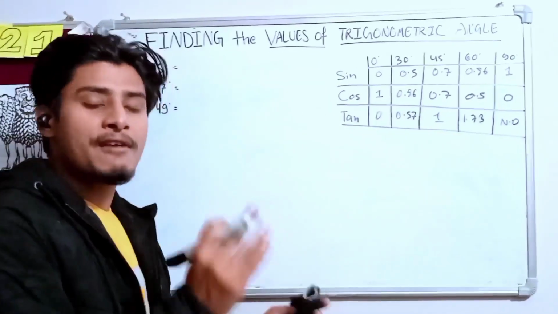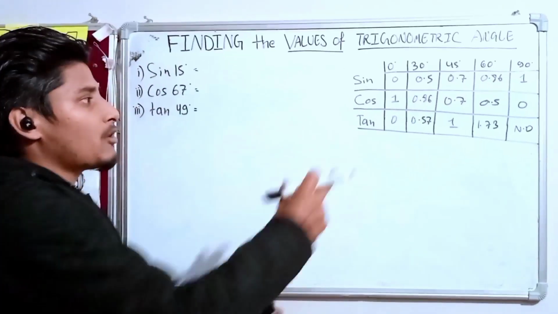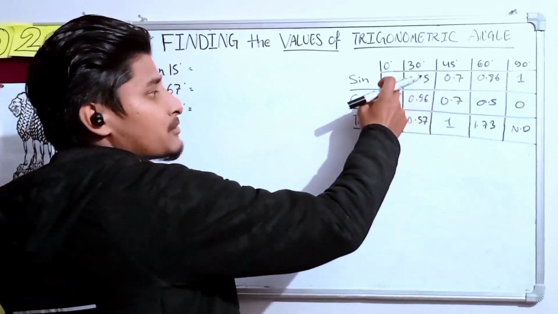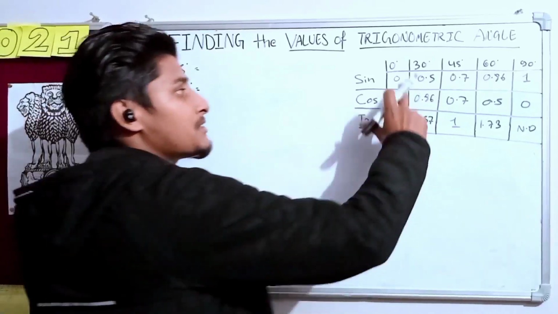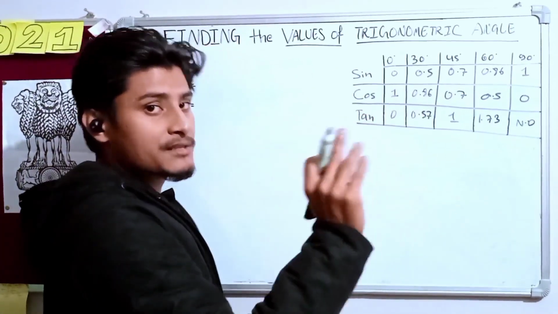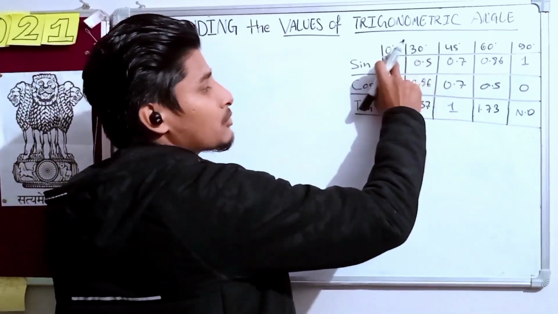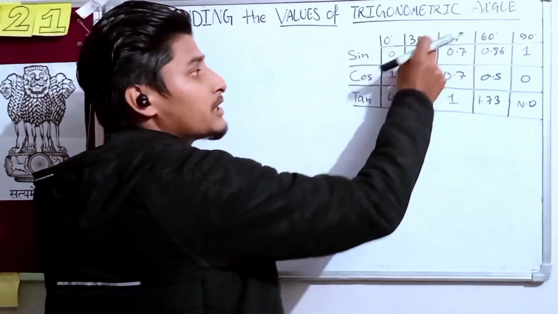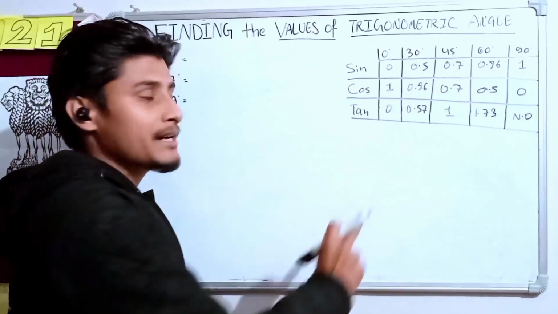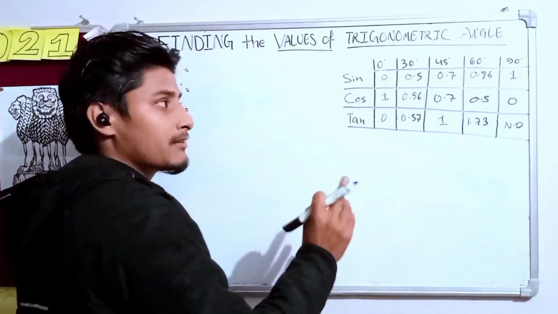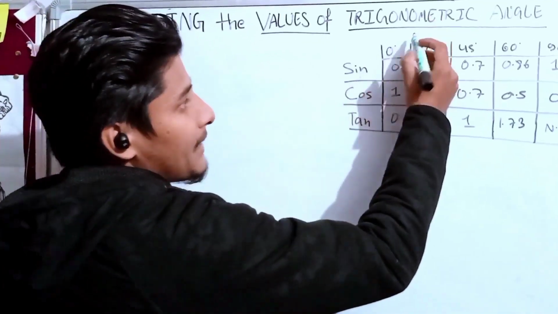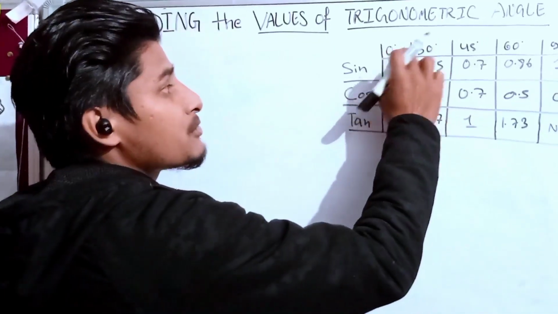So now what is that value? In order to find the value between 0 and 0.5, I need to understand the difference between 0 and 30. The difference between 0 and 30 is 30 degrees, right? So where is my 15 degree between 0 and 30?